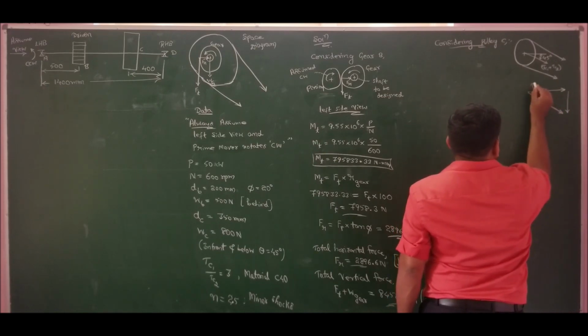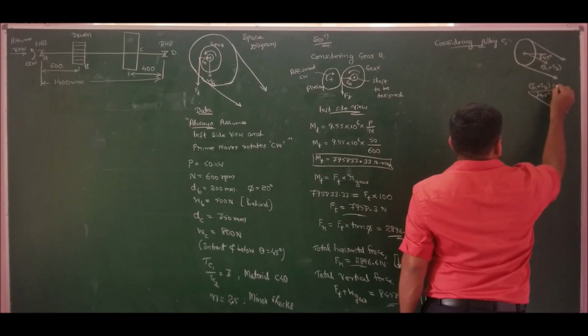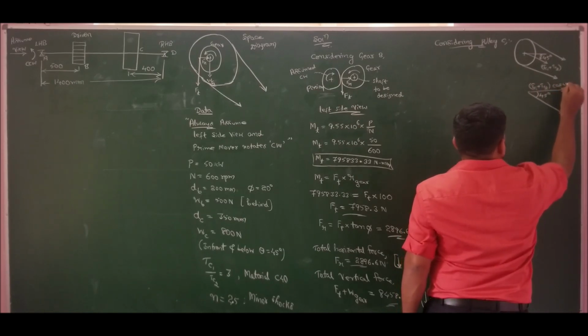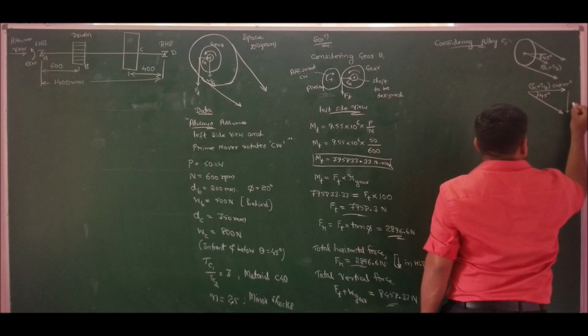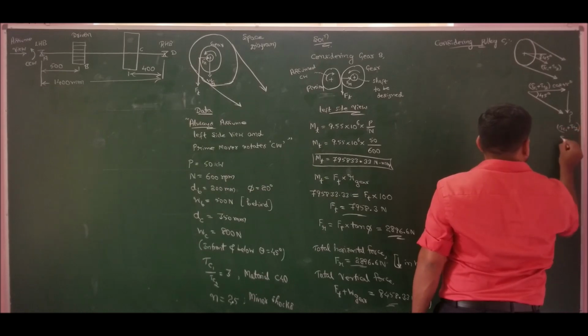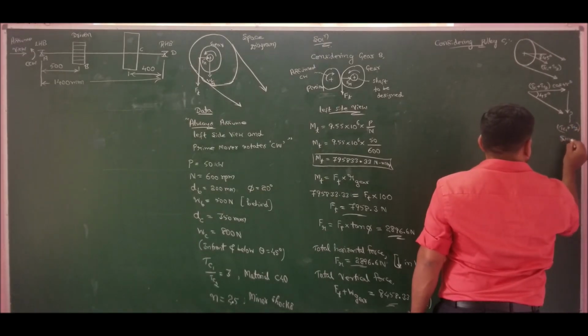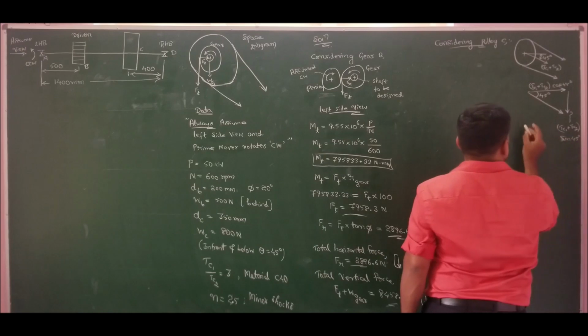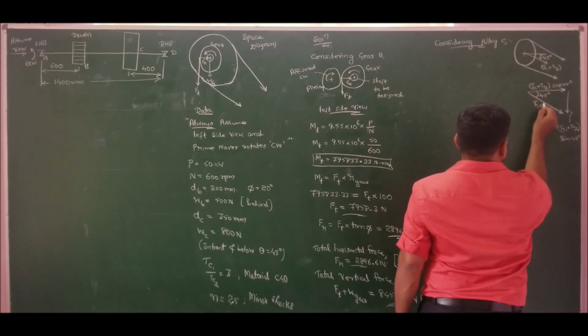So this will become (TC1 plus TC2) cos 45, and this will become (TC1 plus TC2) sin 45, and this is the resultant TC1 plus TC2.